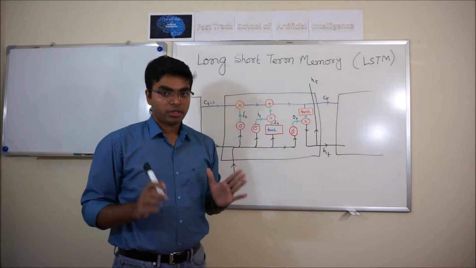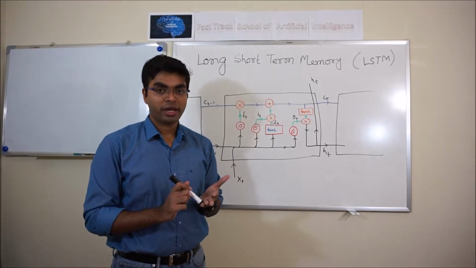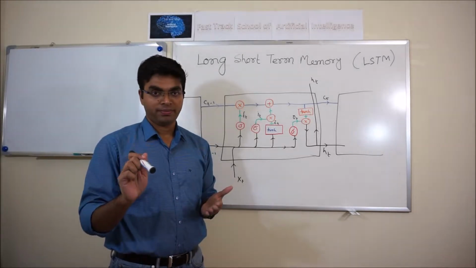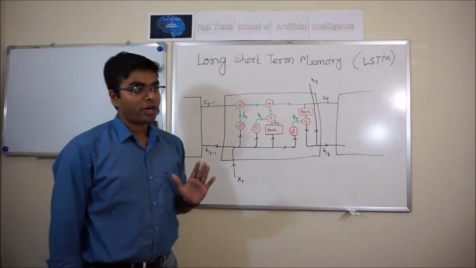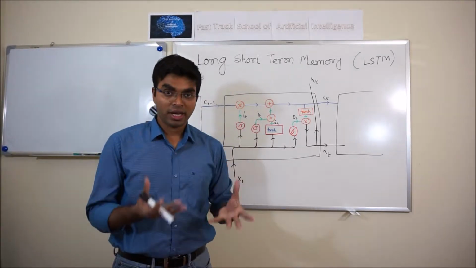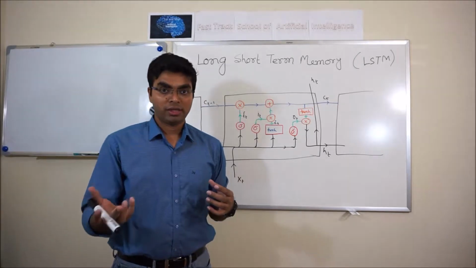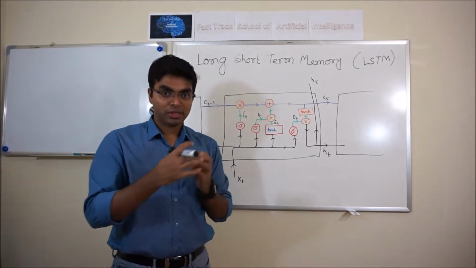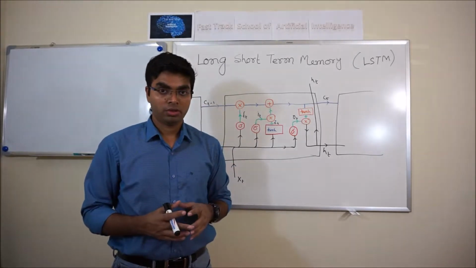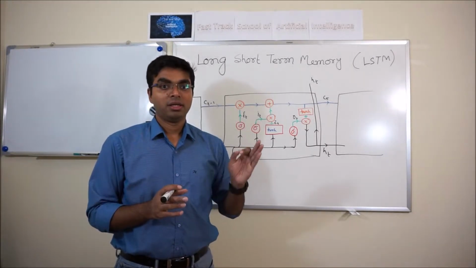Three very important terms here are forget gate, information gate, and output gate. What the forget gate does is decide whether some information is to be passed to the next step or not.